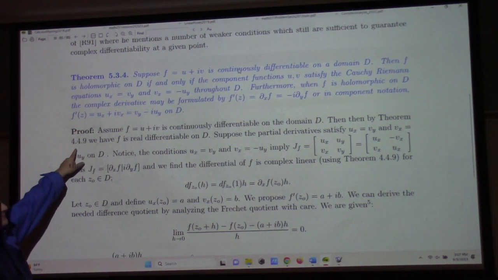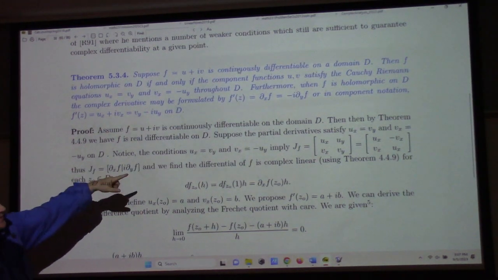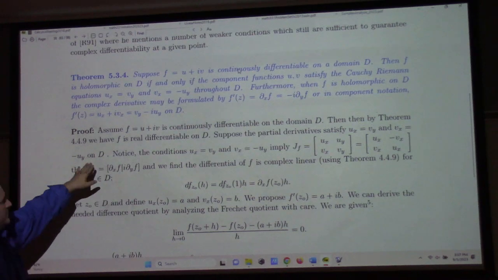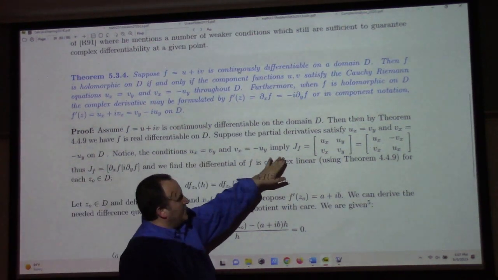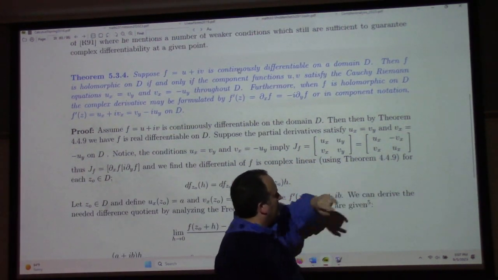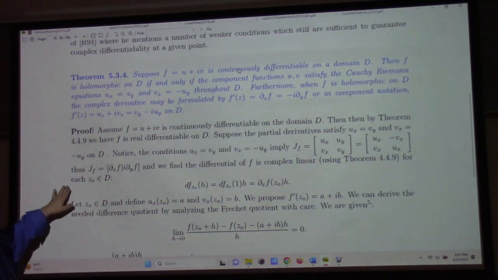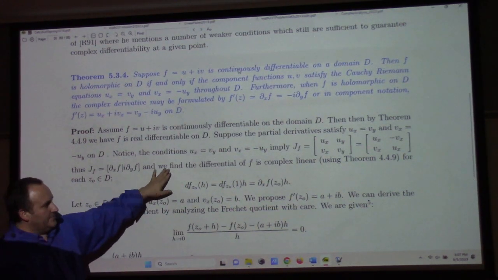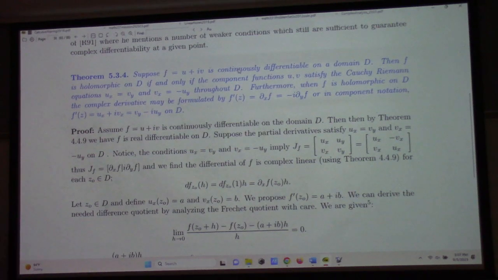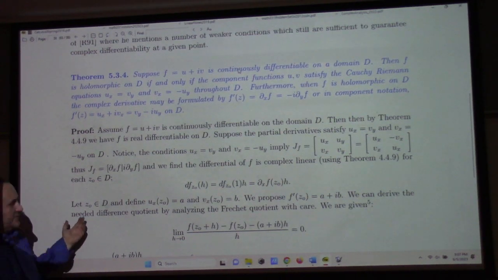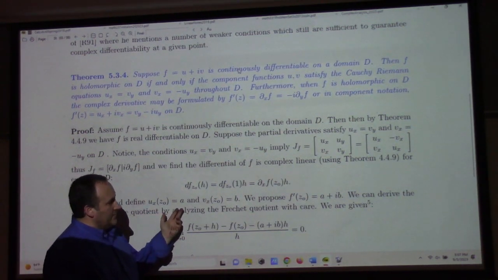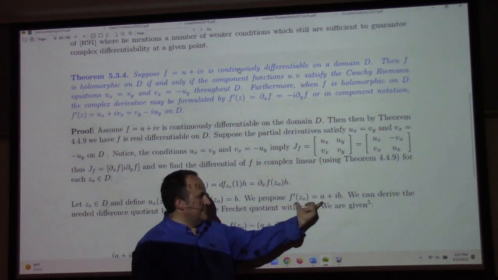So if I have continuous differentiability, and I'm assuming the Cauchy-Riemann equations hold, then that means my Jacobian matrix actually looks like this, which then means that the differential is complex linear, like this. And once I have all that, I propose that my complex derivative is that.